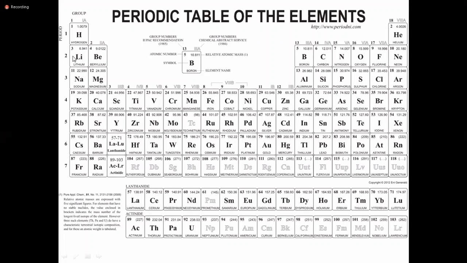Like this way, the elements will be gradually placed according to their electronic configuration, right? So lithium is placed here, its number of electrons is 3. Beryllium is placed here, so the number of electrons is 4. Like this way, the other elements will be placed in the periods and groups in the periodic table.